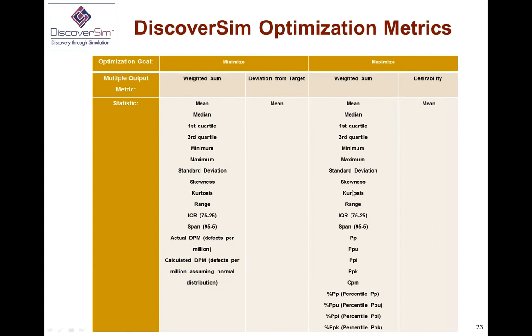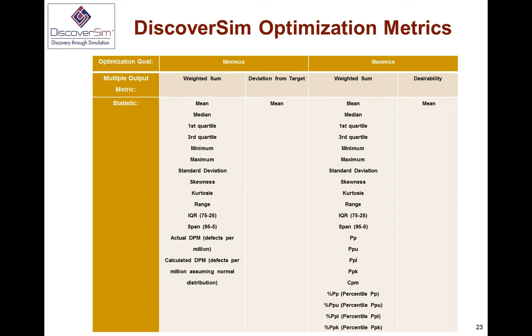There are a variety of optimization metrics. You can minimize the weighted sum of all of these. You can minimize a deviation from target. You can maximize any of these statistics, process capability indices in here, or you can maximize desirability. If you're familiar with multiple response optimization in design of experiments, you probably have used the desirability function.